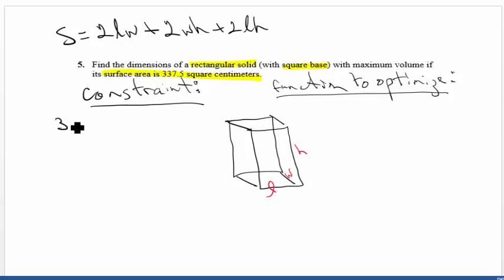So our constraint is actually going to be 337.5 equals 2LW plus 2WH plus 2LH. That's our constraint, right?